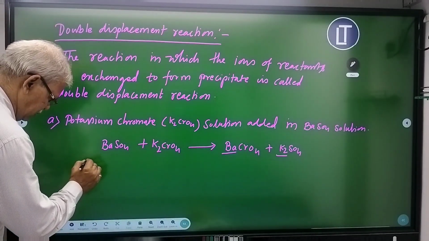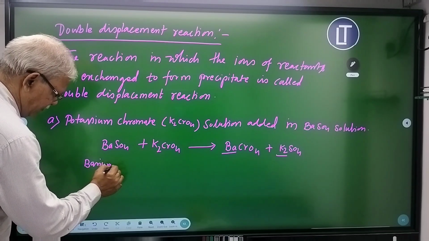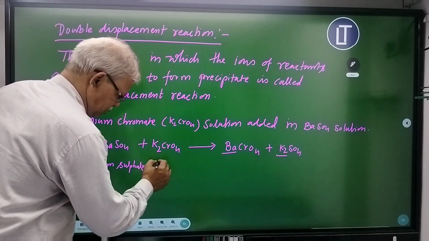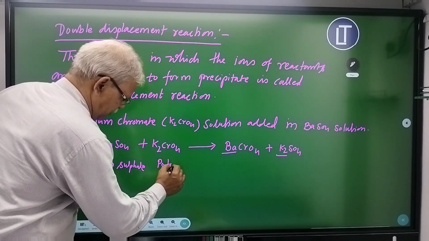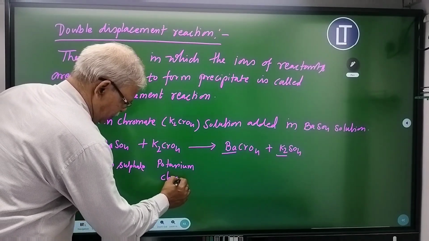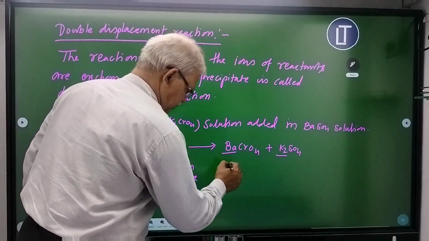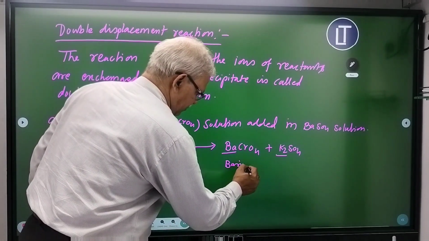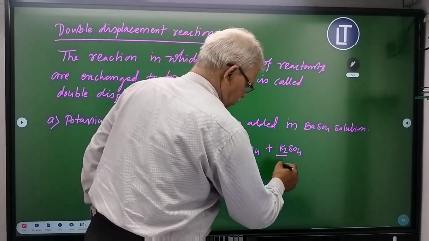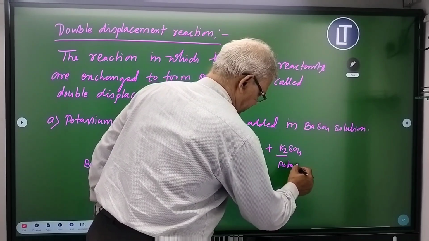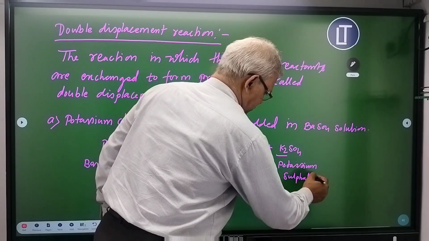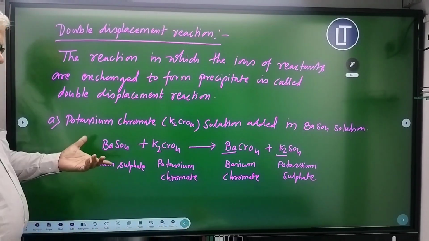Here it is barium sulfate, here it is potassium chromate, forming barium chromate and potassium sulfate.